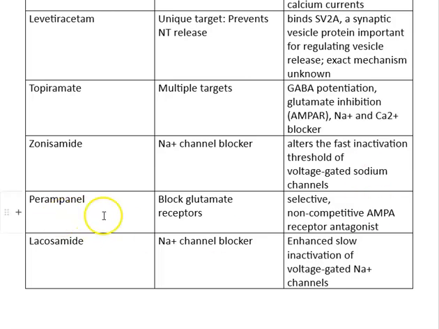And then perampanel, this is the only one that only blocks glutamate receptors. It's specific for AMPA receptors, so it's going to block AMPA receptors. It's going to be a really specific treatment. Lacosamide, again, blocks those sodium channels, again, enhancing the inactivation of voltage-gated sodium channels.